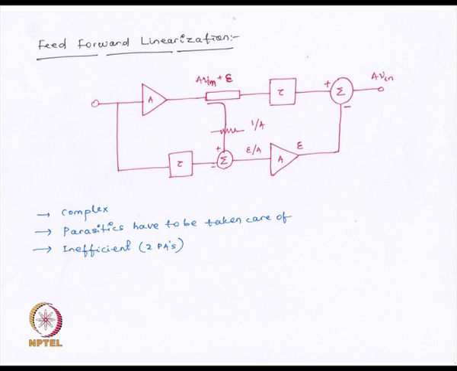And while combining in this summer, if we pass it through an attenuator having an attenuation equal to the amplification of this amplifier, then what we ultimately get here is the error signal divided by the amplification factor A. Now if we again pass this through an identical amplifier, which produces very little non-linearity because the input signal is at a very low level, it is much further away from its non-linear region.